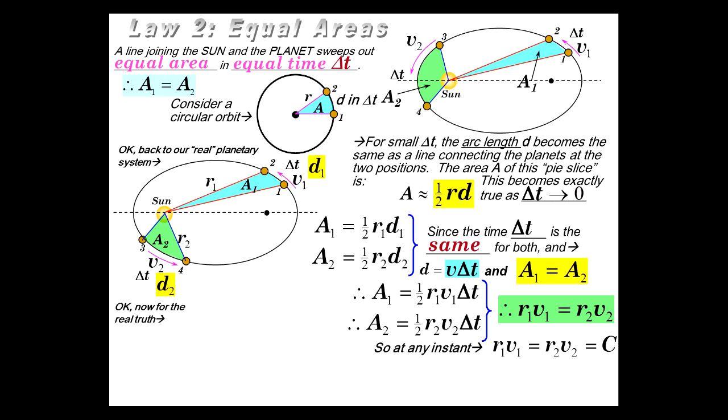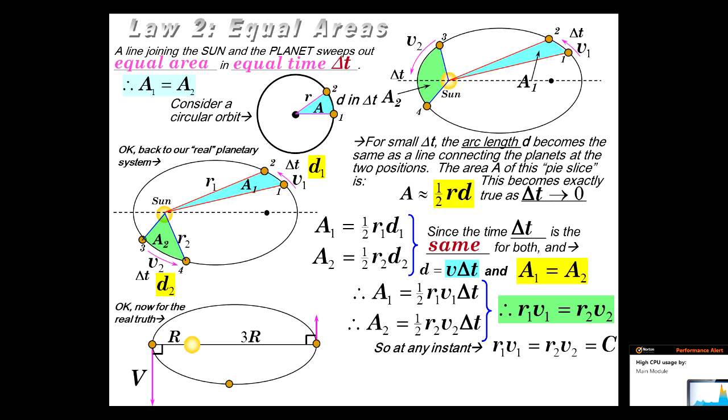Now that's almost the truth. I've been telling you a white lie. Shame on me. I will now come clean. So here we have the sun, planet at radius r here, 3r over here. So first of all, based on what we just learned, if the planet's moving at velocity v, you see the vector drawn there, and over here, 90 degrees, as it was with the radius here, it is over here as well.